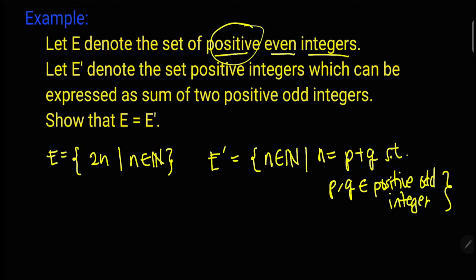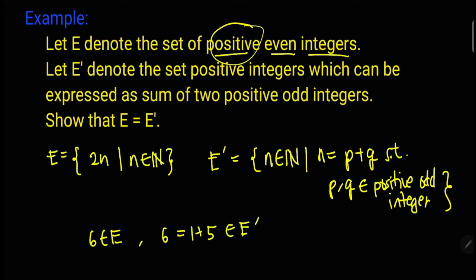So, now what we want is to show that E and E prime are actually the same set. For instance, if you have 2n, let's say 6, we know that 6 can be written as 1 and 5. So, 1 plus 5 is a sum of two odd integers. So, if we have 6 as an element of E, we know that 6 can be written as 1 plus 5, which is an element of E prime.